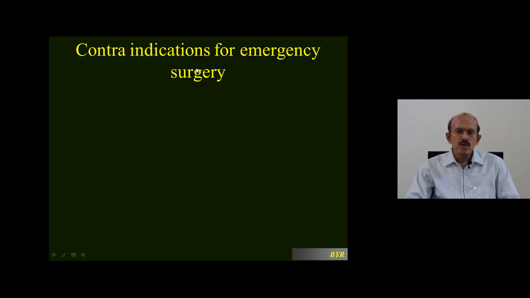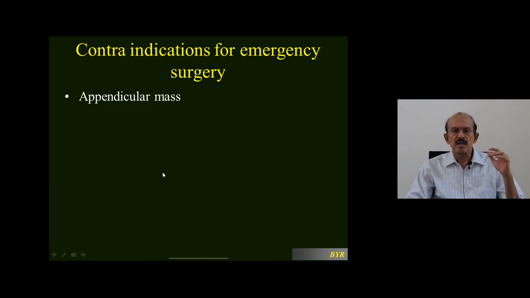So what are the contraindications for doing an emergency appendectomy? When a mass has formed. So we have seen in the progress of the disease, the acute appendicitis can either resolve completely, or there can be localization with formation of a mass, sometimes an abscess, or there is spreading peritonitis.